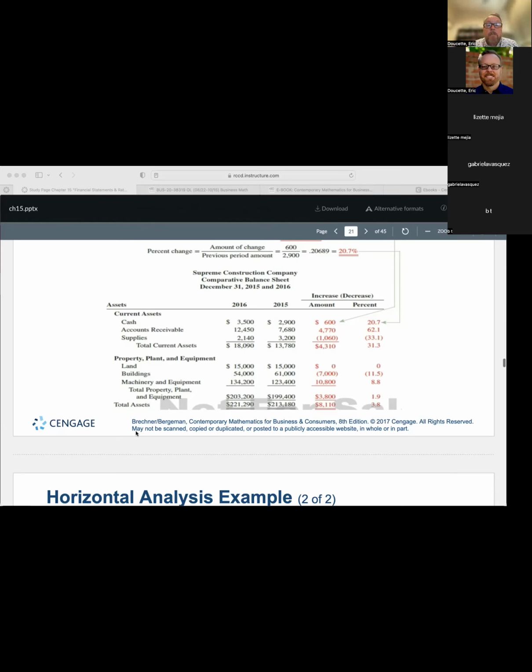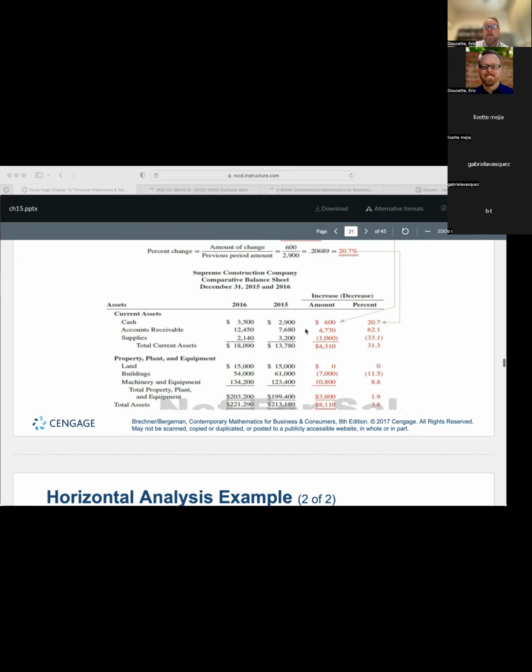But again, I'm just going to divide that 1,060 by the original amount of 3,200, which equals 33.1%, but it's a decrease because it went down between 2015 and 2016. So it's a 33% decrease between the 2 years.